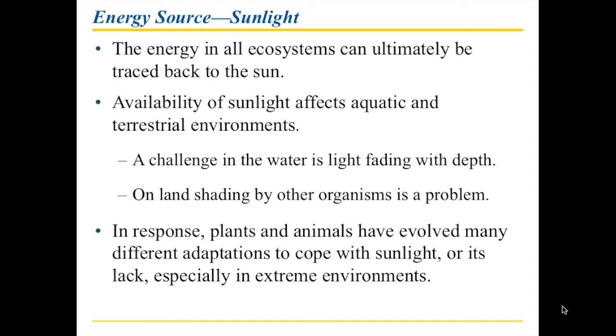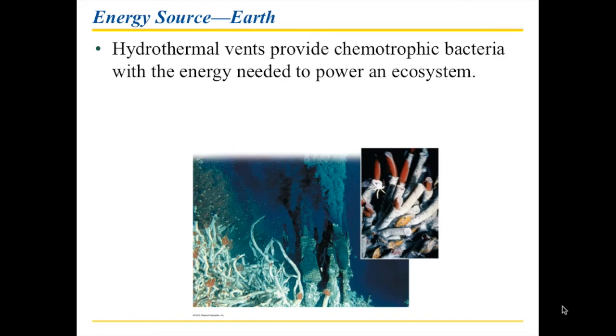I mean, if you think about a desert, that's a type of extreme environment because of the high heat in certain times of the year and the lack of water. Or if you're looking at dark areas, if you look at the depths of the ocean, that's another kind of extreme environment. So sunlight has many different influences on organisms' lives.